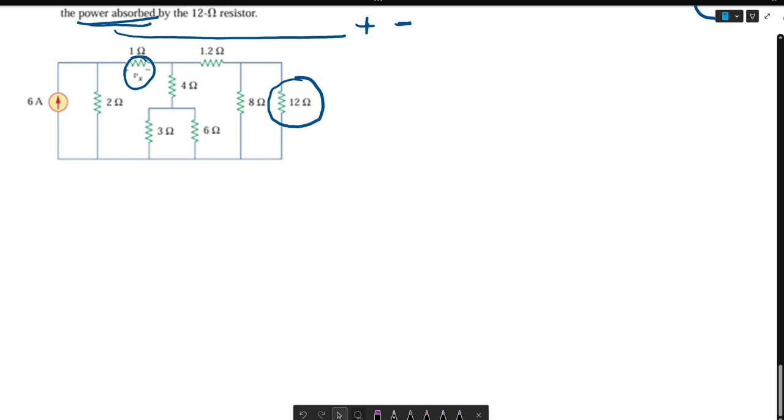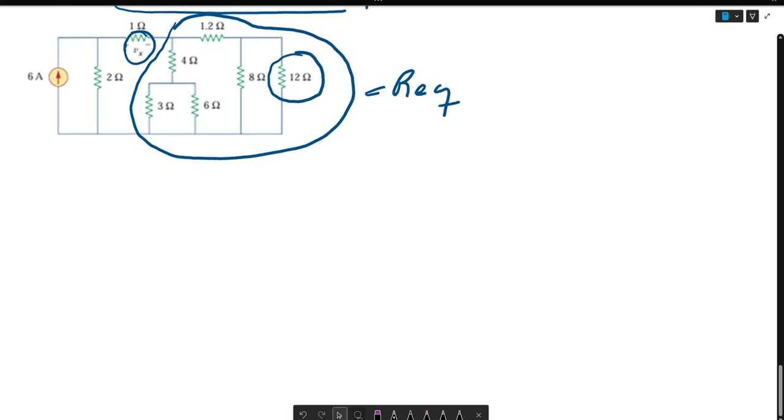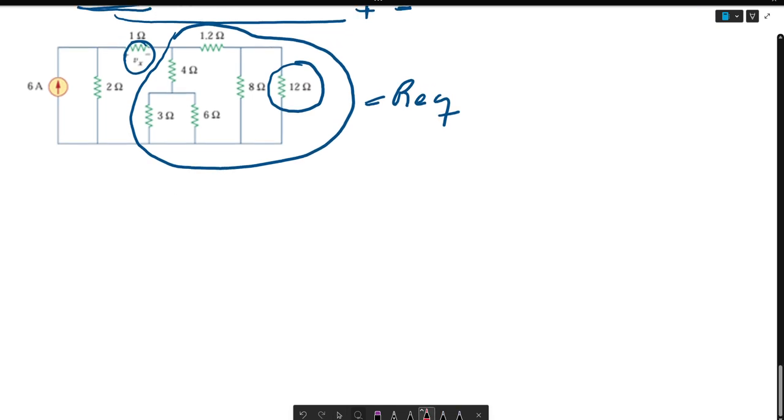So to begin, we want to rewrite our circuit as an equivalent circuit. So we want to get rid of all this stuff. Okay? We want to call this R equivalent. In order to do that, I'm going to do it step by step.